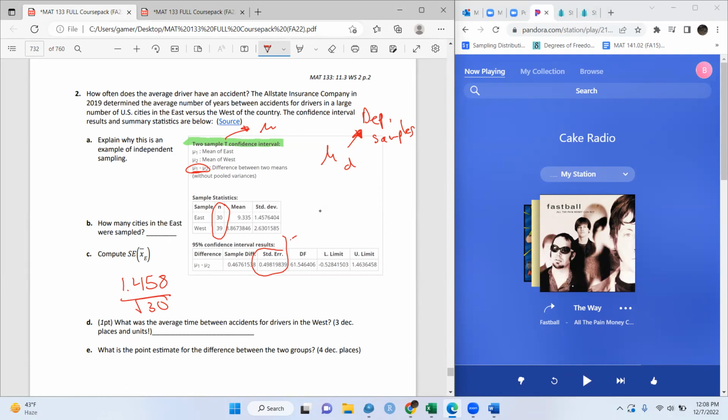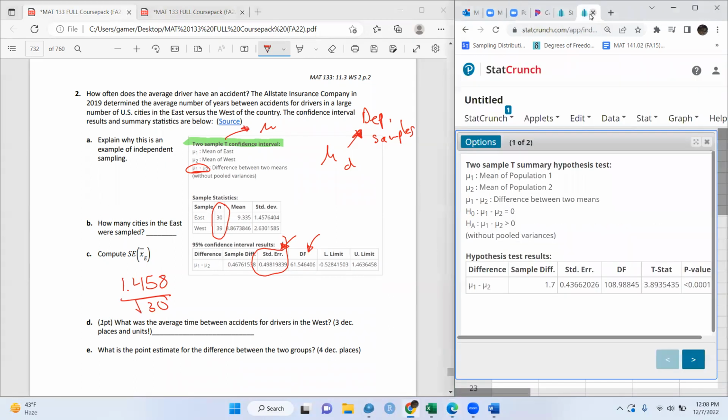Now, this standard error, its calculation is going to be different, and these degrees of freedom are not n minus 1. They're quite a bit different. For these independent samples, we're not asking you to understand where the degrees of freedom come from. It's a little complicated, and we'll just let StatCrunch tell it to us.